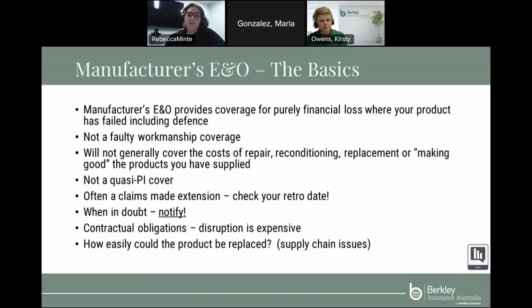As I've mentioned with the retroactive date, as standard on the SCTP, Berkley's E&O extension has a default retroactive date of inception. So only the underwriter can change the date on the endorsement.